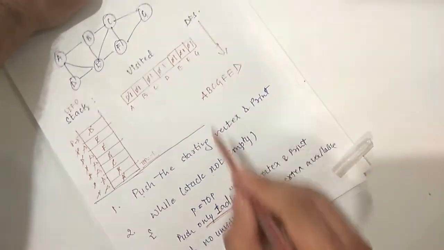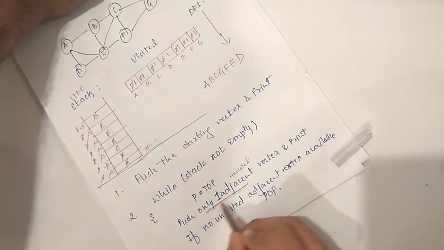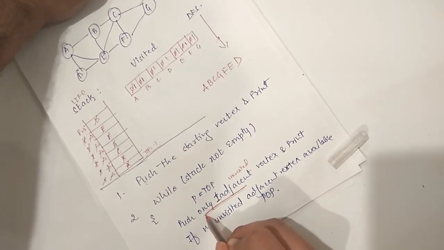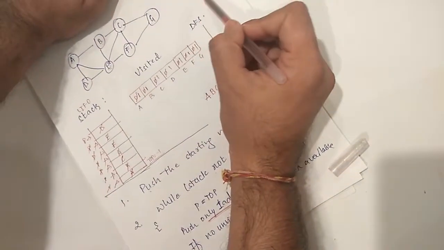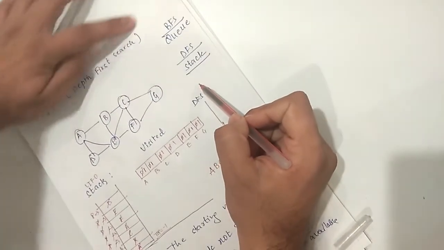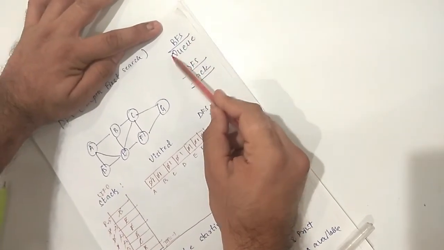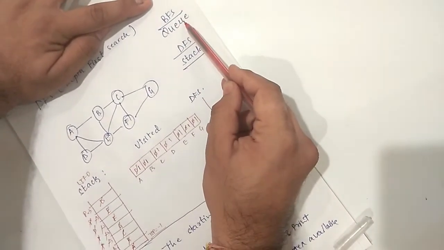Now in this, the main difference is we are taking only one adjacent vertex, whereas in BFS we were taking all the adjacent vertex. Second difference is inside your DFS we are using stack data structure, whereas inside your BFS we would be using queue data structure.